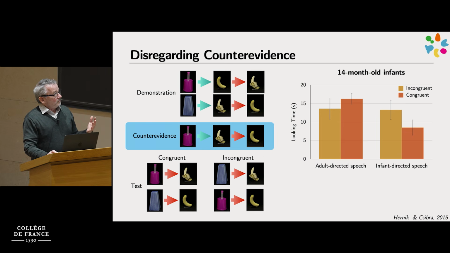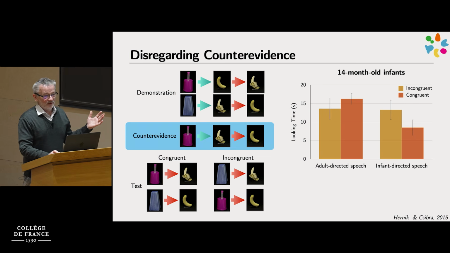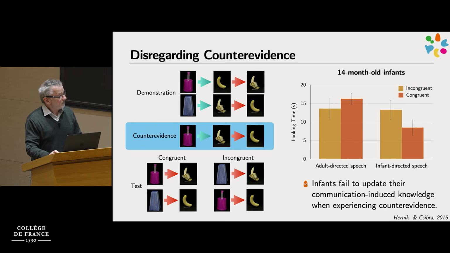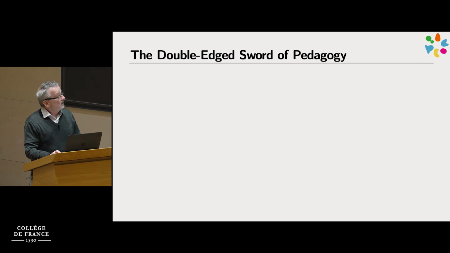But if it was communicatively demonstrated to them what the object did originally, they still maintained the original mapping and they were still surprised when an object performed an opposite function, which suggests that they practically just disregarded the counter-evidence or ignored that kind of effect. So in this case, infants fail to update their communication-induced knowledge when experiencing counter-evidence. And this is again not specific to these two kinds of studies.